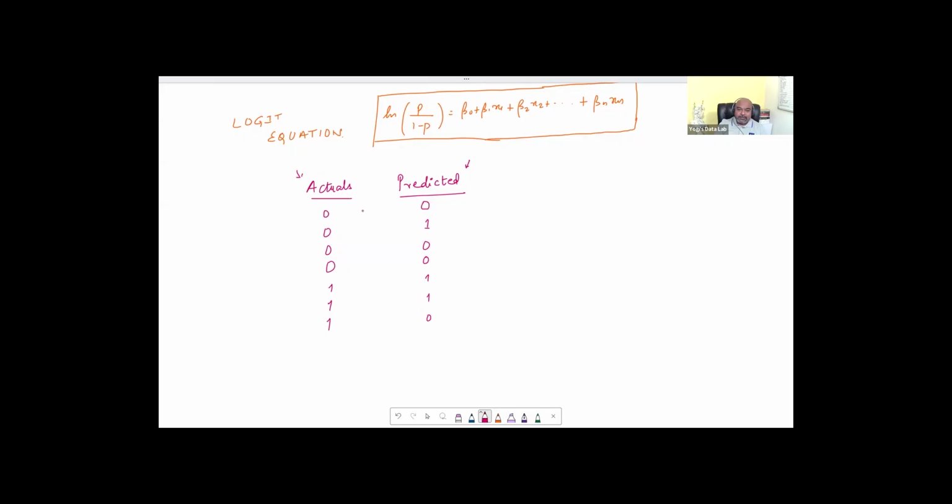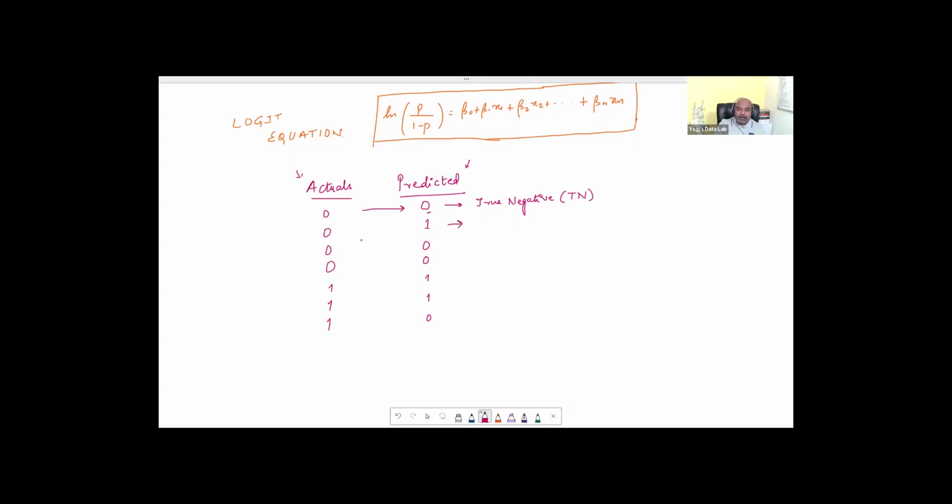Whenever a zero is predicted as a zero, it is known as true negative, which is TN. 0 represents a negative, 1 represents a positive. So how do you remember this? 0 to 0 is a true classification, meaning I have predicted it correctly, and I have predicted it as a negative, so it is true negative.